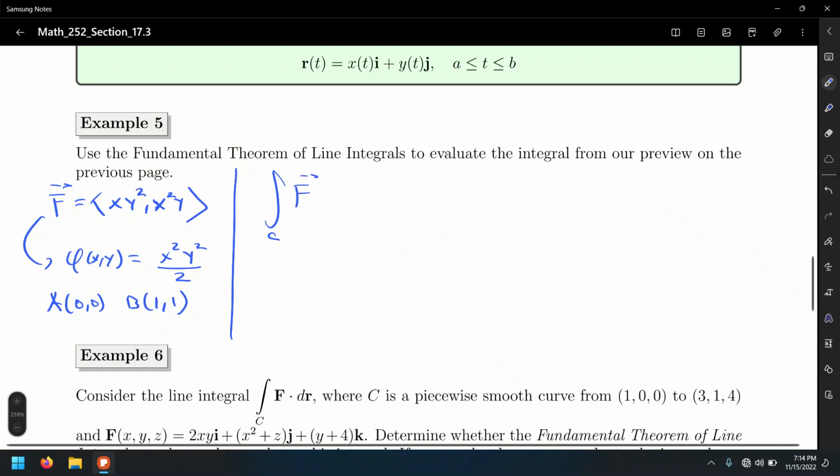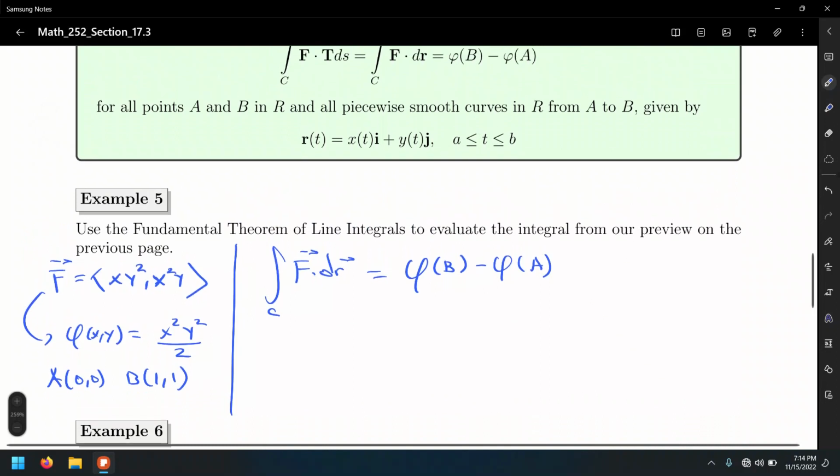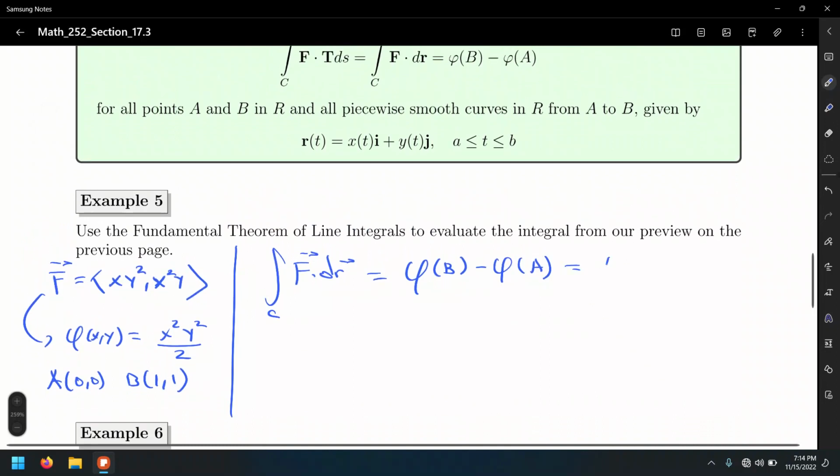All right, so using that fundamental theorem of line integrals, we may now evaluate the integral of F dr over C. That is simply the potential function evaluated at the point B minus the potential function evaluated at the point A. In this case, the potential function at 1, 1 minus the potential function evaluated at 0, 0.